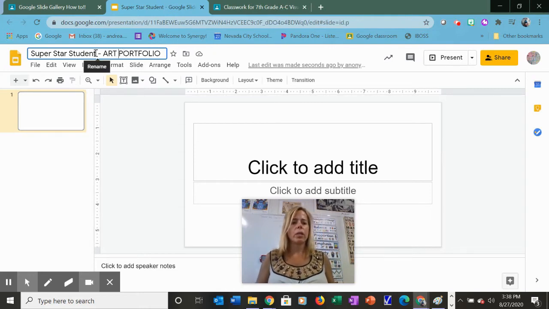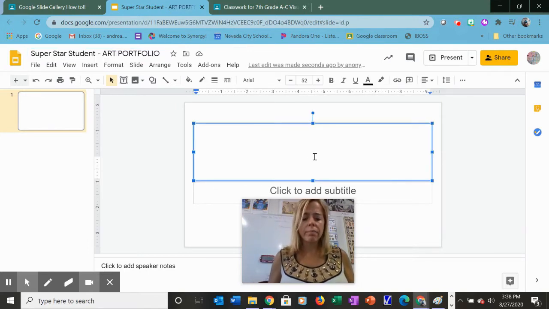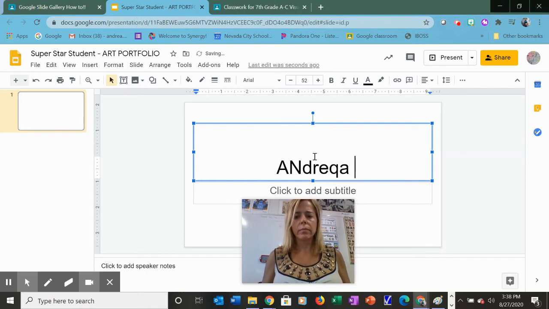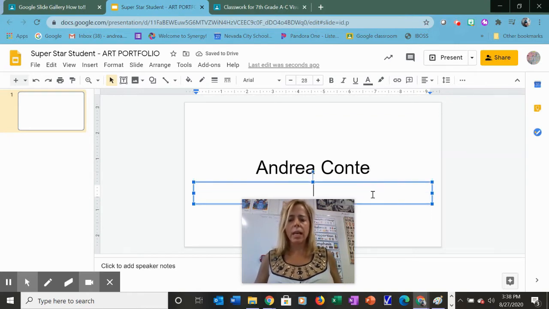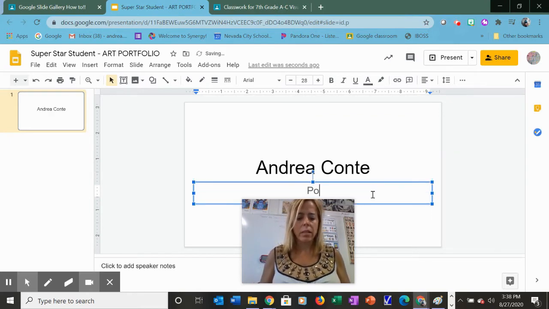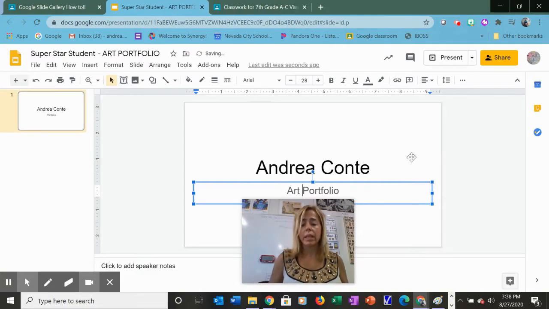So you're going to change the name to art portfolio, then you will put your name on the title, and then on the subtitle, again, we are completing what this is all about.